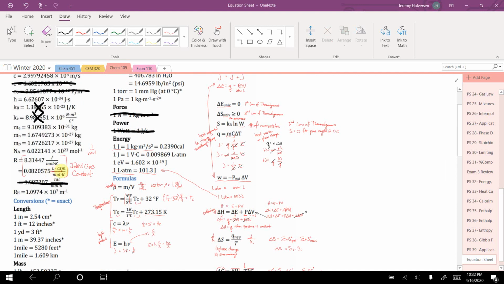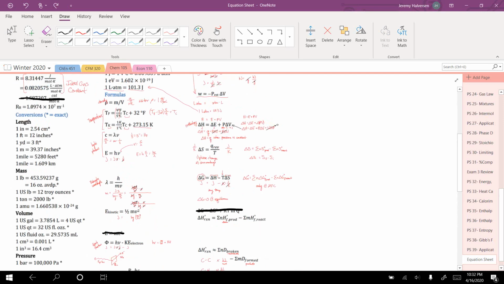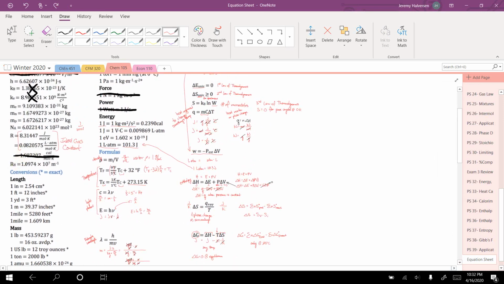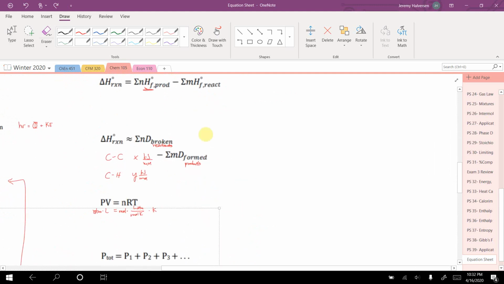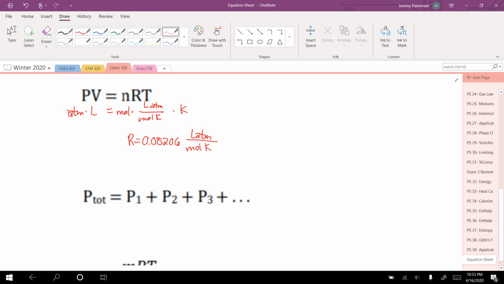Liter atmospheres, moles, Kelvin. And so we're going to use this R value of 0.08206 liter atmospheres per mole Kelvin. So if we're given 3 of these things, we can find the 4th.